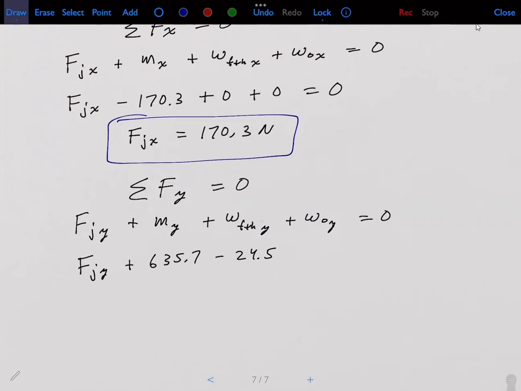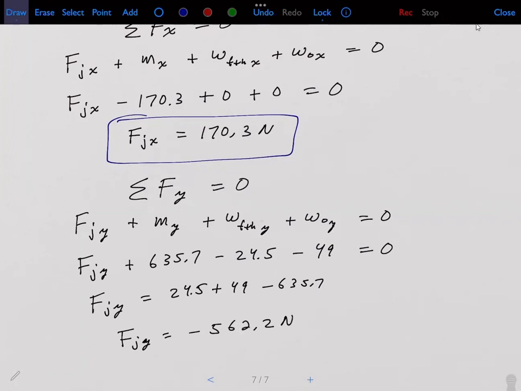And it's negative, so it'd be negative 49, and that's going to equal 0. So then if I solve this for FJY, it'll be 24.5 plus 49, and then minus 635.7. I got to bring everything to the other side. I'm going to get FJY is equal to, actually it's going to be negative, I guess, negative 562.2. So negative 562.2 newtons.